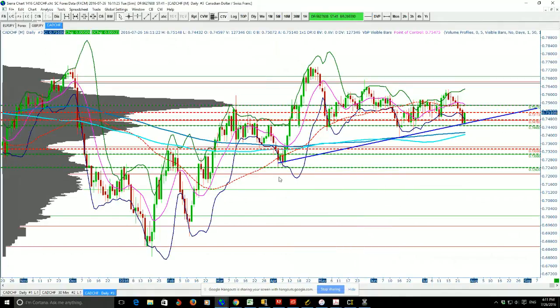Okay, so we've got a trend line down here. We've got a trend line, and what we want is three touches. So there we go.